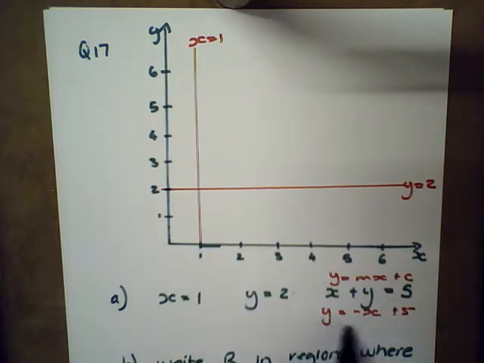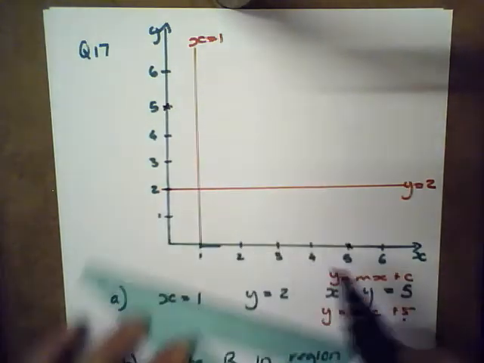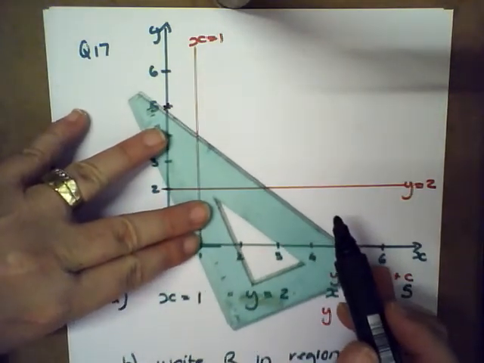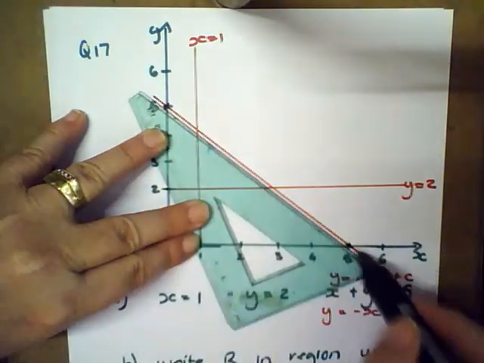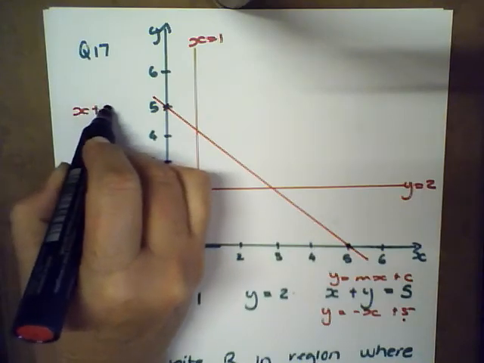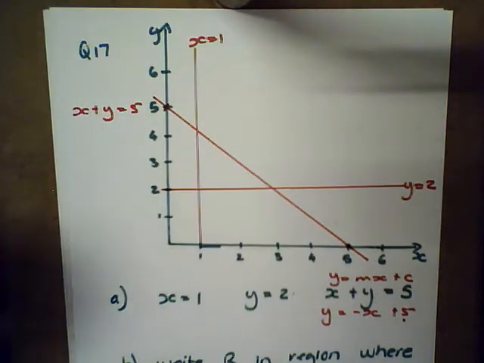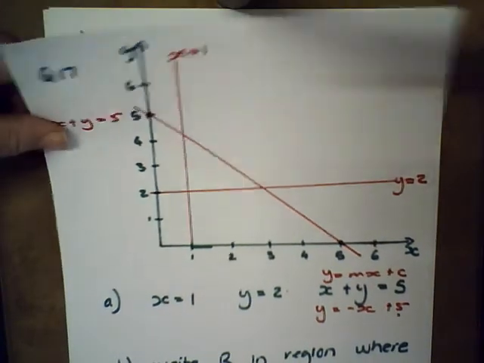And this line will pass the y-axis at 5. I know that the gradient is negative 1, so it will pass also the x-axis at 5. And there we go. And that is the line x plus y equals 5. Now for the next part of the question, that would give me a total value of 3 marks.